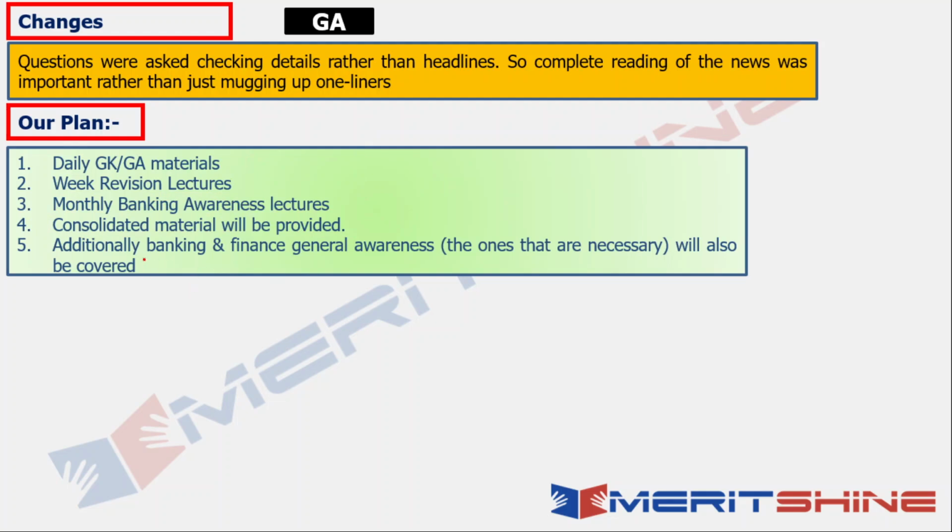And finally, we are also going to give banking and finance general awareness sectional notes and lectures, covering the necessary areas in banking and finance awareness. The banking awareness was the current one, and this banking and finance awareness would be the static one. So this is all that is there in our plan for general awareness.